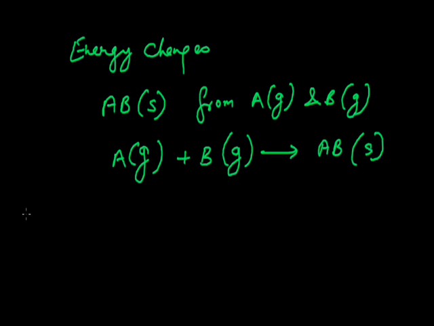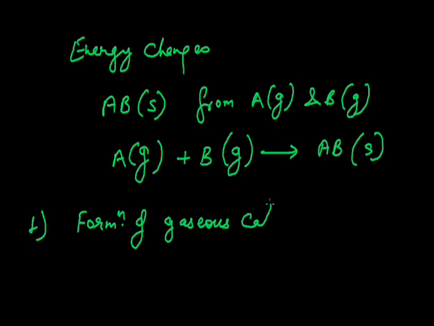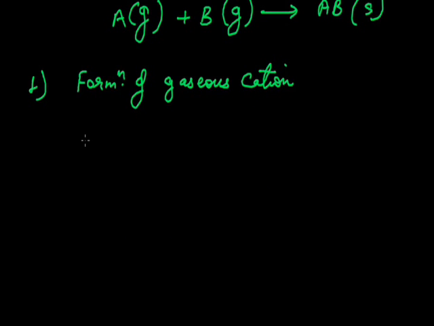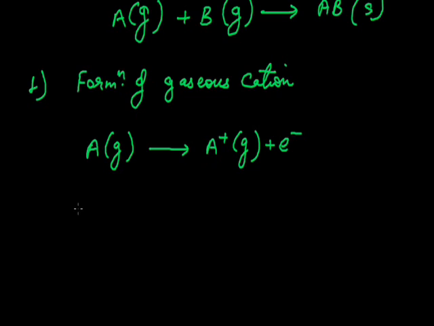The very first step is formation of gaseous cation. Suppose atom A in the gaseous state is leading to the formation of cation A+ in the gaseous state by the release of an electron.